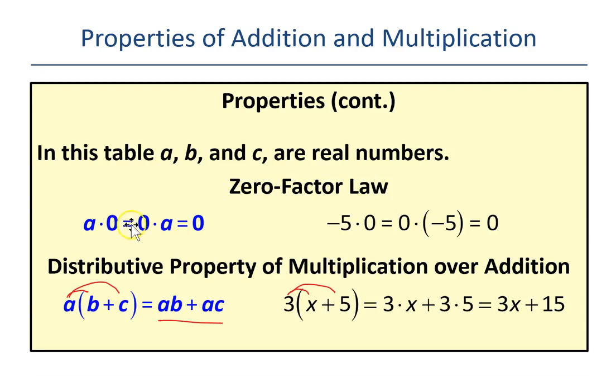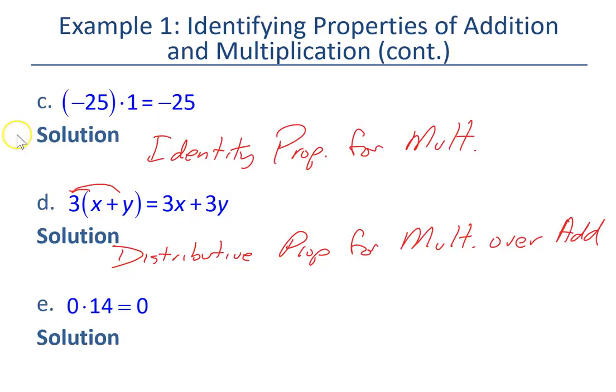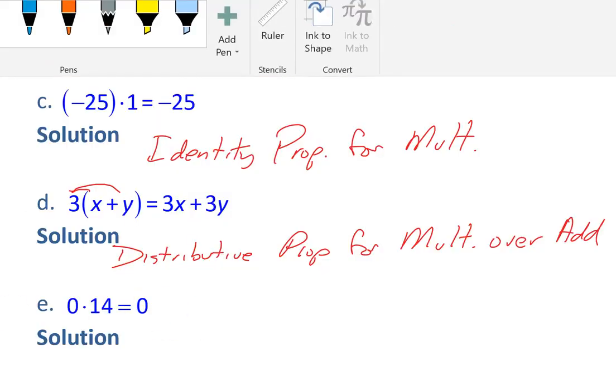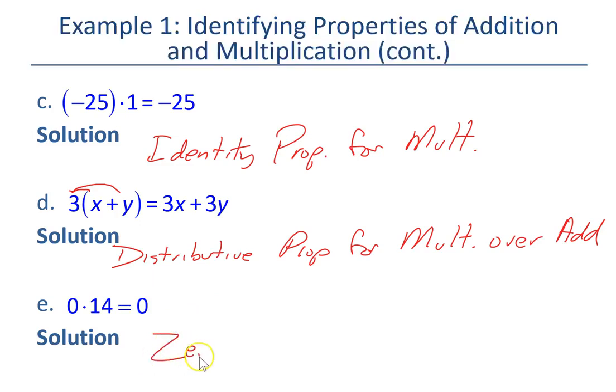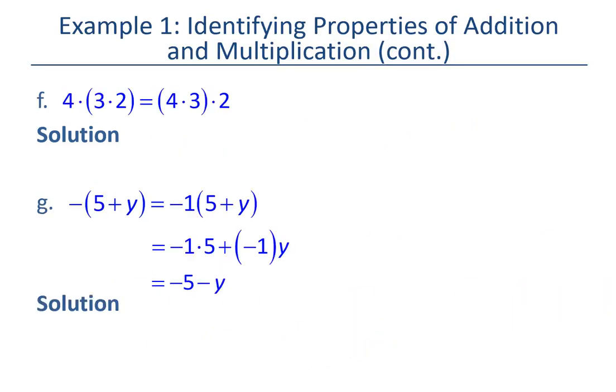There it is. Because if I multiply anything by 0, that's what I'm going to get. So I will write down we have the 0 factor law. Perfect. We'll do a couple more examples and then we'll be all good.